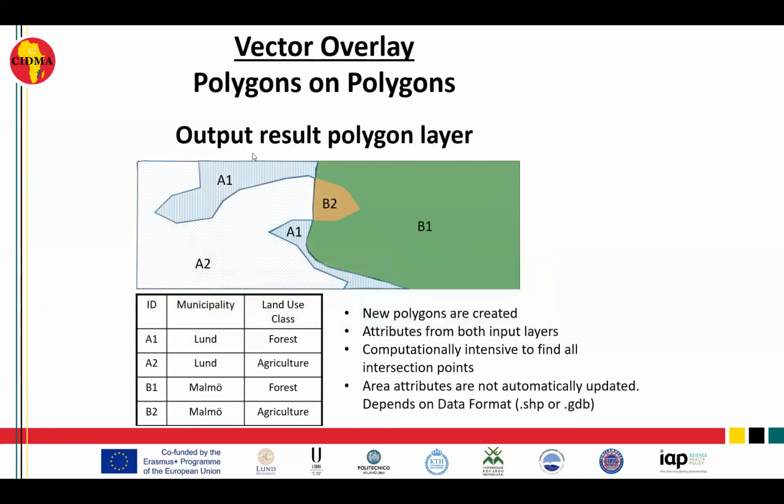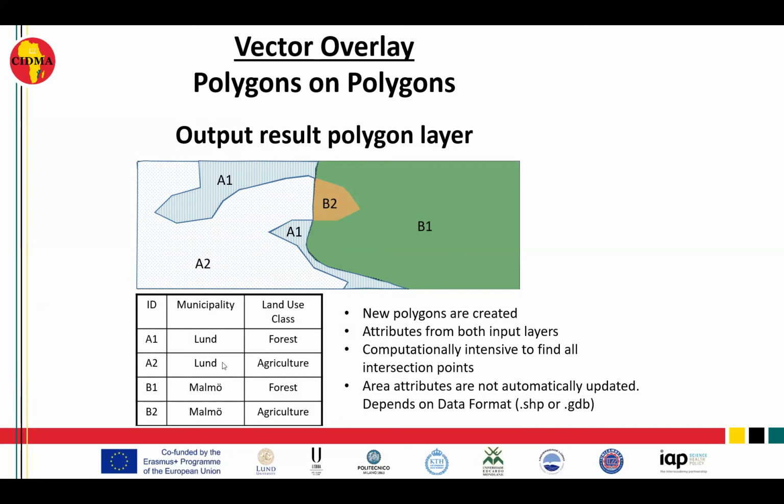So the output polygon layer from this operation will contain more attributes or more records, with the combination of, so we have one polygon part that is called A1, which is this one and also this one. That means it's forest and within Lund municipality.